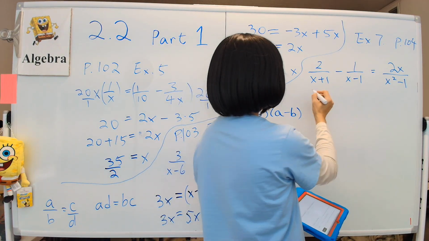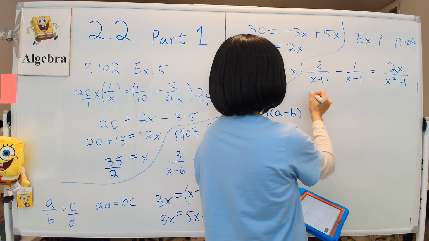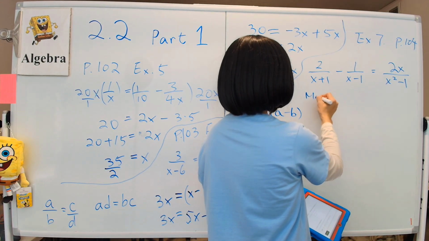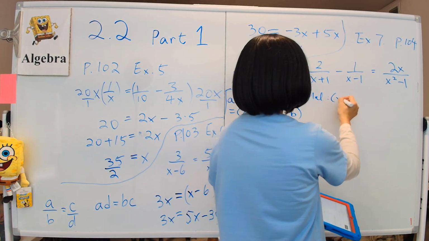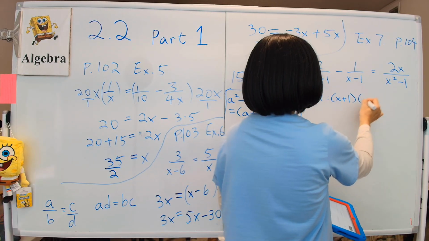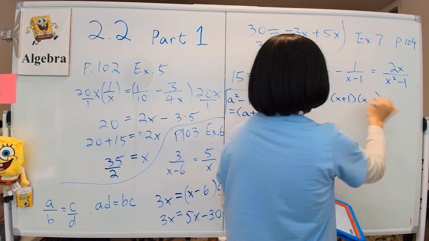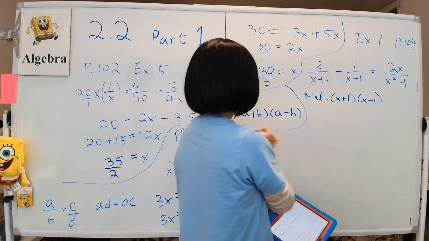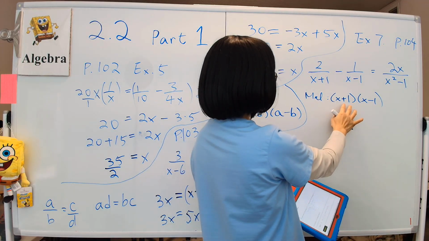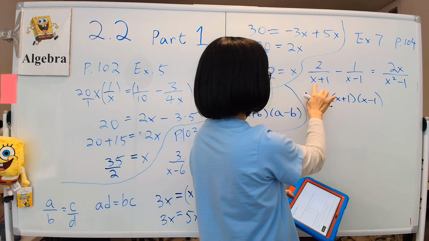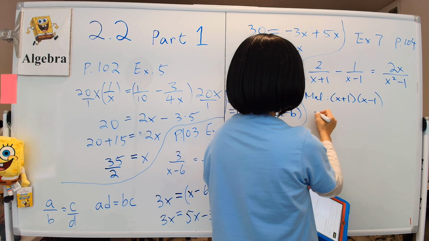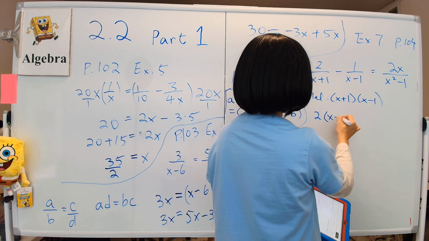So let's write that down. We'll multiply by x plus 1 and x minus 1 for every single term here. Now when you multiply this thing with that, that will cancel out this one, so what we have left is 2 times x minus 1.